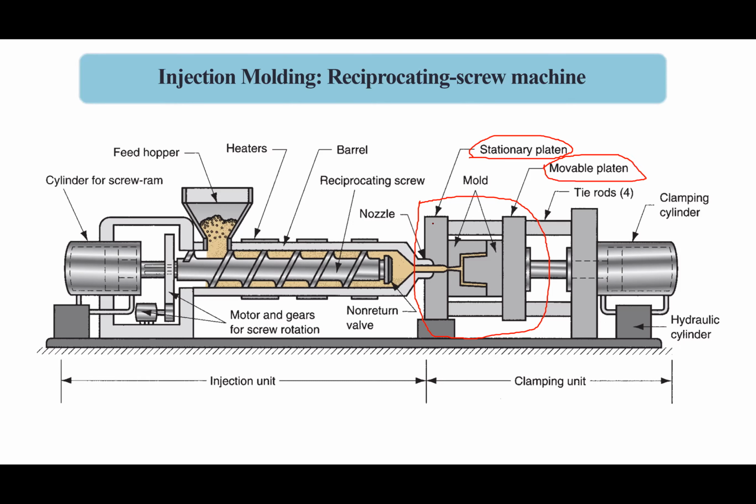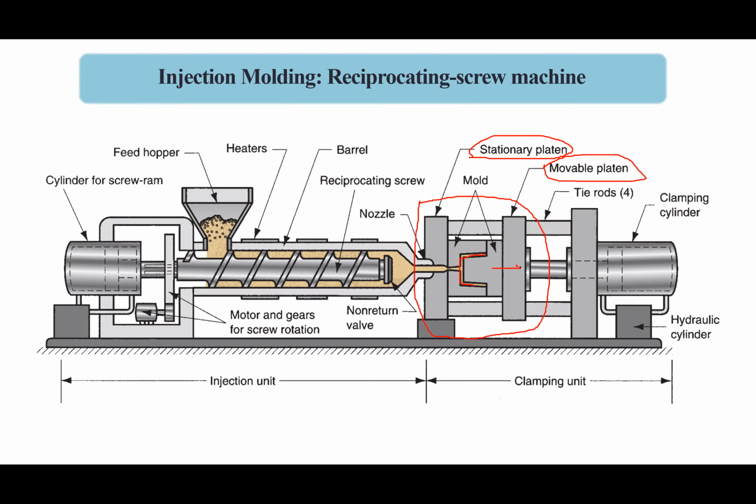The stationary platen will be fixed here, and when the stationary platen and movable platen come together, they produce a cavity inside the mold, and that cavity resembles the final product. It means the dimension and shape of that cavity should be the same as the product that we expect from the injection molding process.